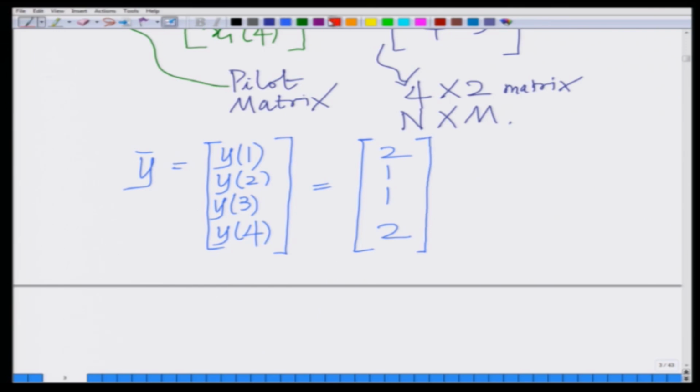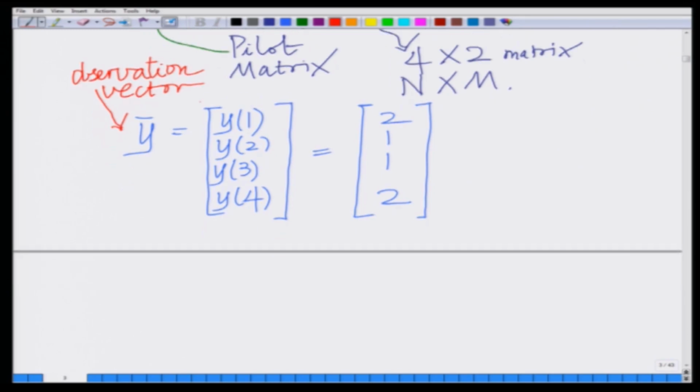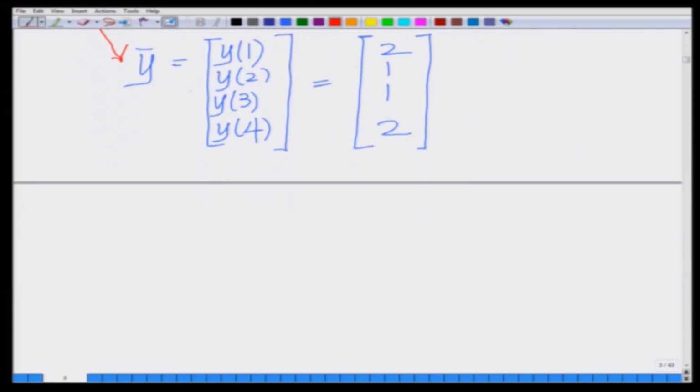This is your y bar, the observation vector, and the ML estimate now is given as follows.